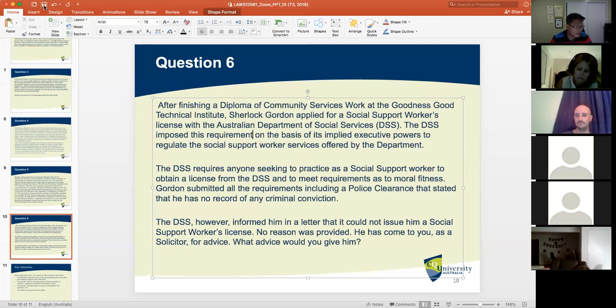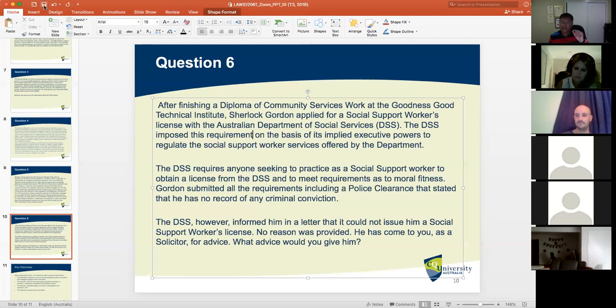I was just going back over Mandamus just to qualify whether that was it. I think that is it, but I'll need to read a bit more. Yeah, so you should give advice that Sherlock Gordon will apply for a writ of Mandamus with the Federal Circuit Court to compel the DSS to issue the license to Sherlock Gordon, because Sherlock Gordon is entitled to it as a matter of right.